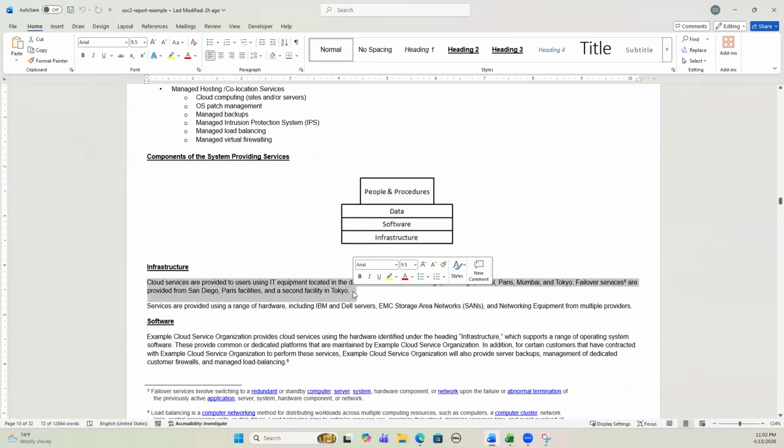And specific hardware vendors. That level of specificity is actually a good sign. It tells you the vendor actually did the work to describe their real environment accurately. Normally, the red flag version you will see in the real world is three paragraphs of vague language about industry standard infrastructure and leading cloud providers with no names, no locations, no specifics.